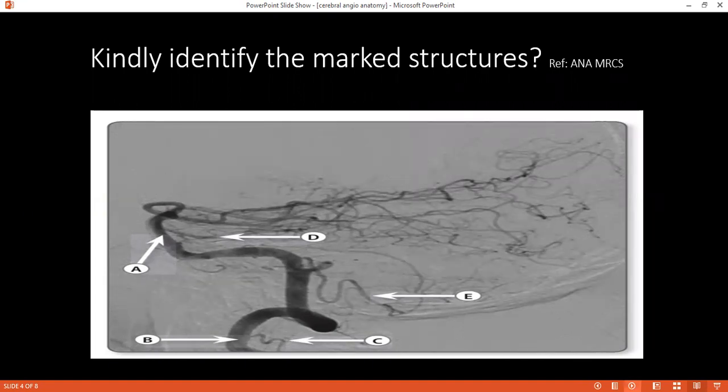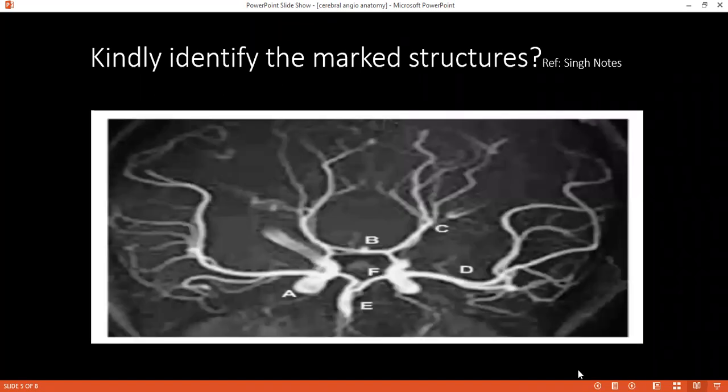Okay, can you please identify this image? Yes. This is the most familiar one. Okay, A to F, all the structures. Yes, ma'am. So basically, A will be internal carotid artery, and D will be middle cerebral artery, and E will be posterior cerebral artery, anterior cerebral artery, and it is the communicating artery.